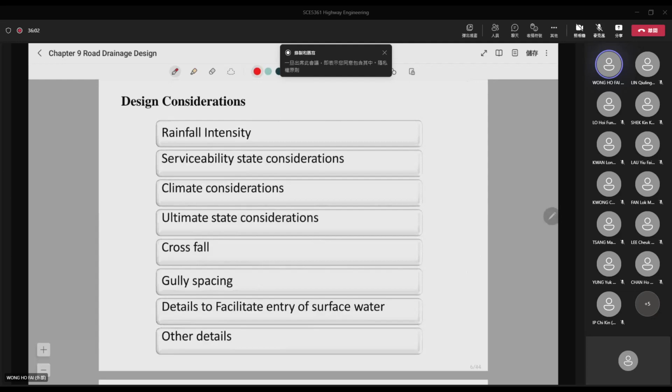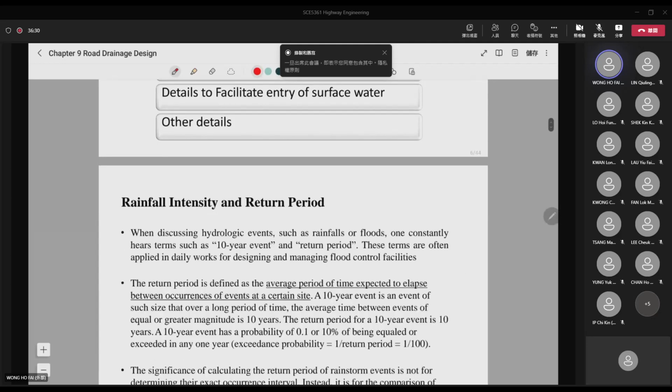And then we will mention how to find the cross fall. Cross fall is the slope in the perpendicular direction of the road, not along the road. Along the road is the gradient. The slope perpendicular to the main direction of the road, we call it the cross fall. And then we will have the gully spacing, how to design for the gully. Okay, so we'll mention one by one.